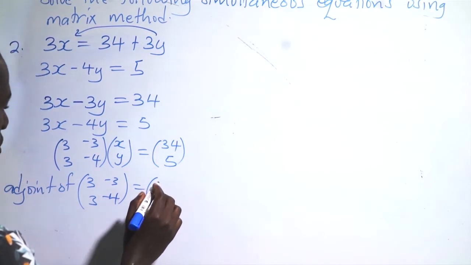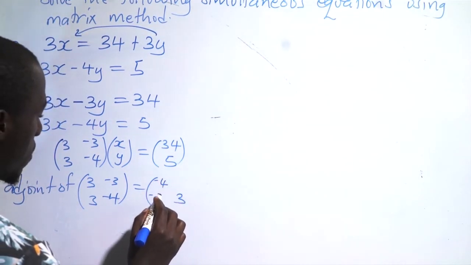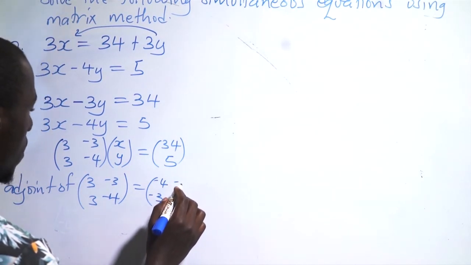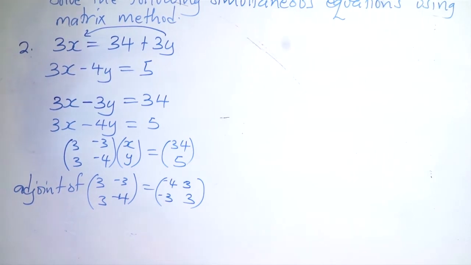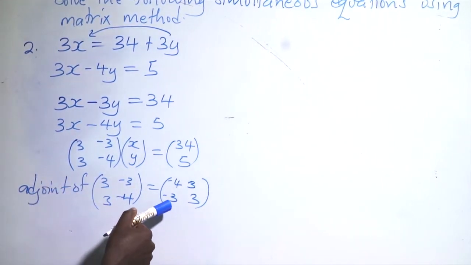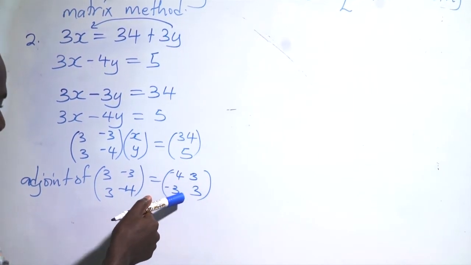Elements in the leading diagonal, they interchange position. Then elements in the minor diagonal, they change the signs. Then I left multiply this adjoint on both sides of the equation.